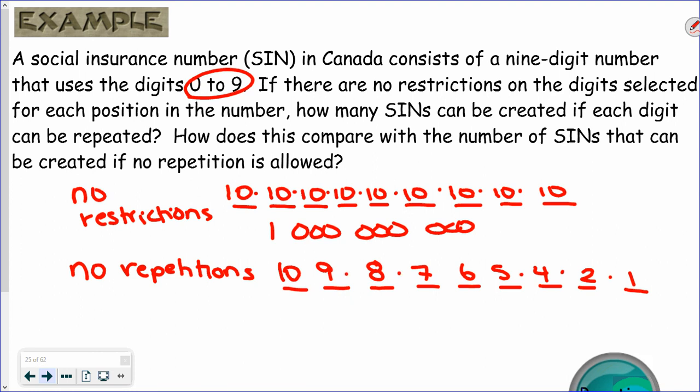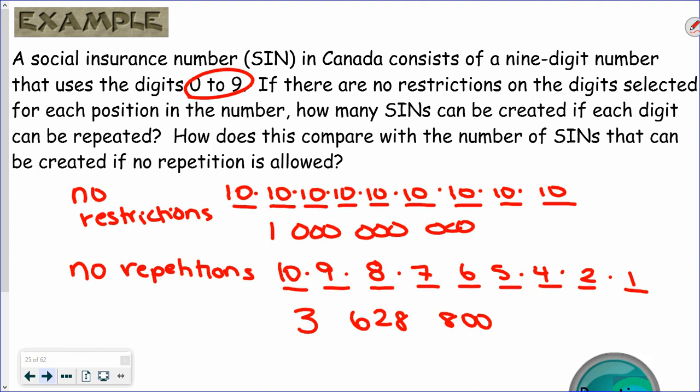Again, I multiply all the way through, and I end up with now only 3,628,800 different options.